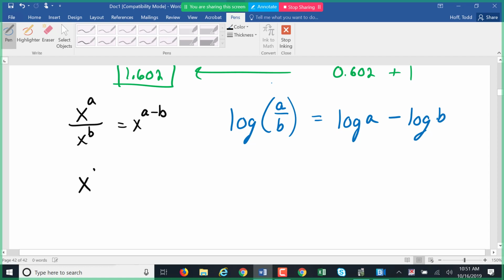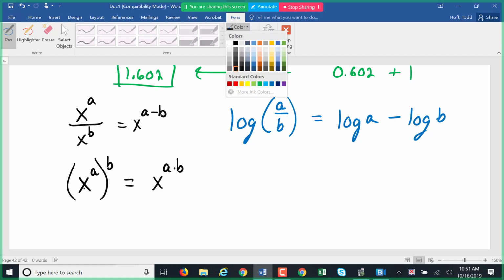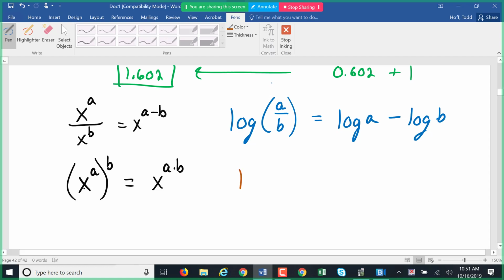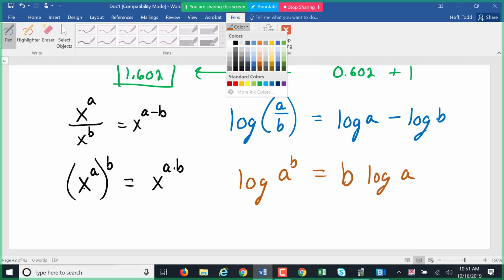And if I have x to the power of a to the power of b, that's x to the power of a times b. This one's a little bit harder to recognize, but if I have log of a to the power of b, that's equivalent to b times the log of a.